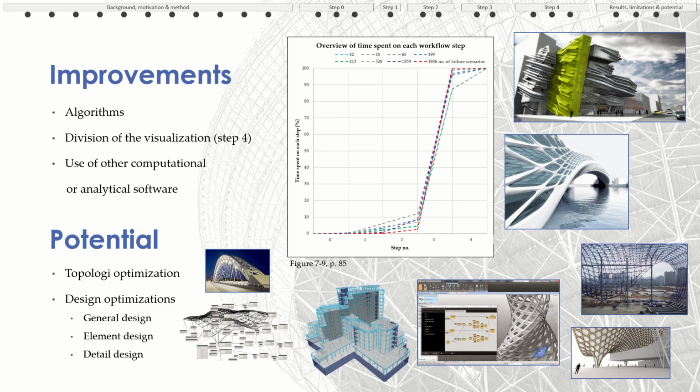But when we talk about potential, we actually think that the potential is not only limited to robustness analysis. We have some previous experience with parametric design tools like Dynamo and Grasshopper, and we know that you can, in a very short time, create hundreds or even thousands of different design proposals for, for example, a structure.